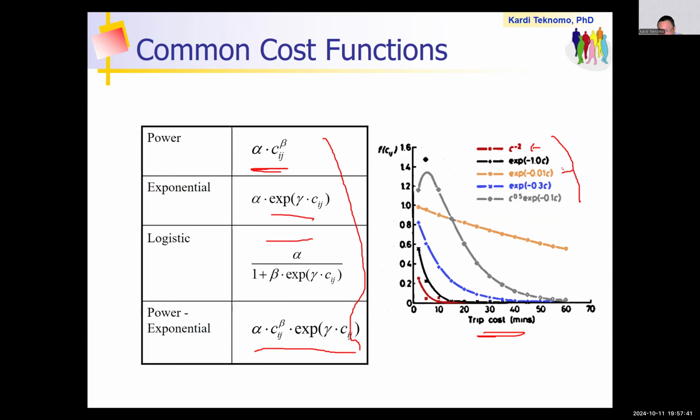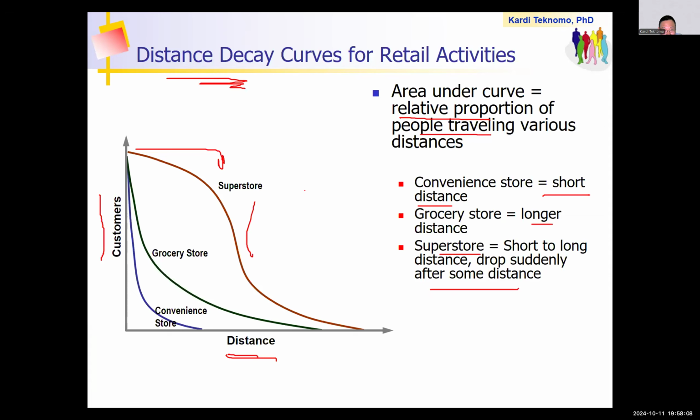When you increase the value to 0.3, you will get this blue model. And when you put the power exponential here, say for example square root 0.5 and then 0.1, then you will have behavior with change. First it will go up, and then later it will go down, similar to this one, almost similar to the superstore.